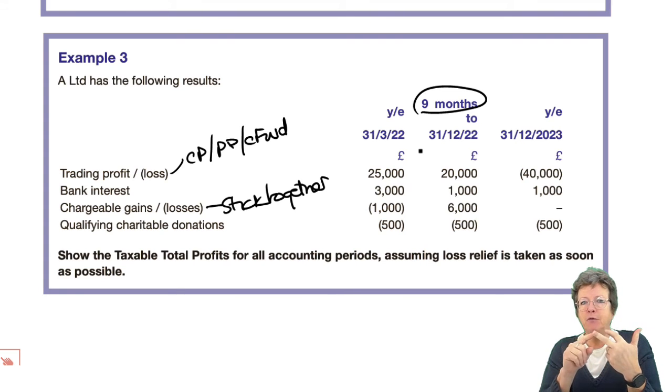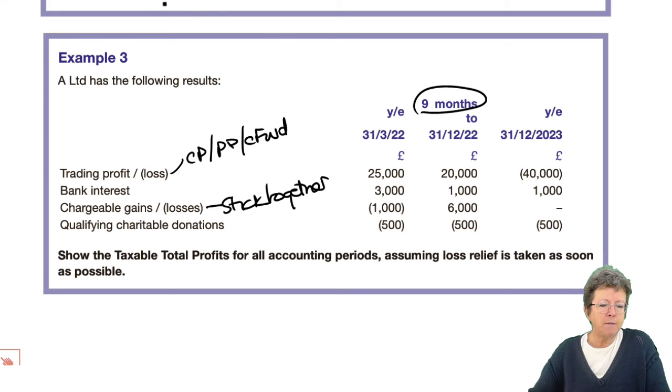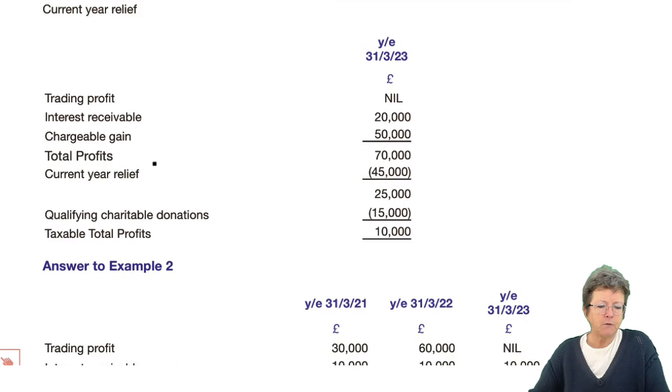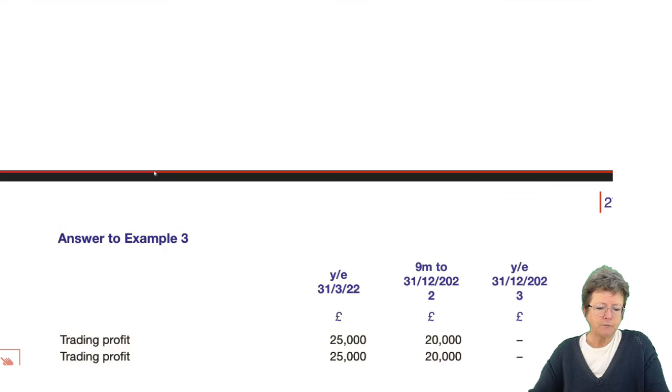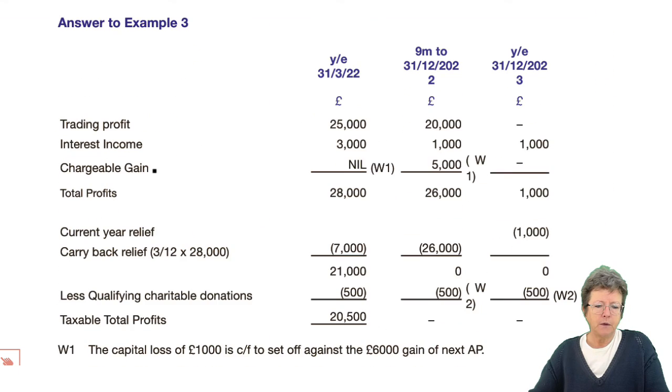Set up your loss memorandum. Stop. Breathe. Think. Do your loss relief. 5 steps. Let's have a look at what the model answer looks like for this one. Now you see how that's been set up?